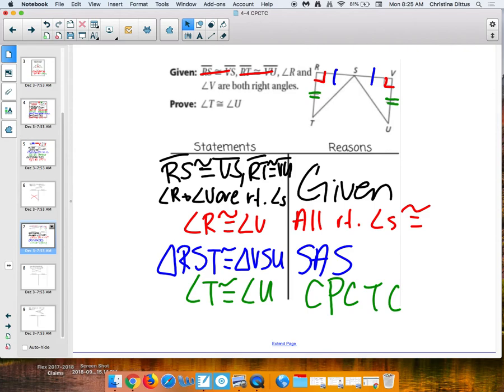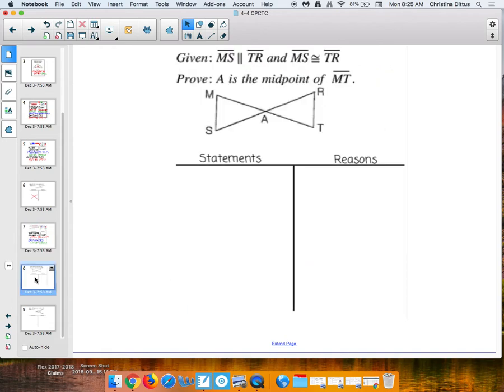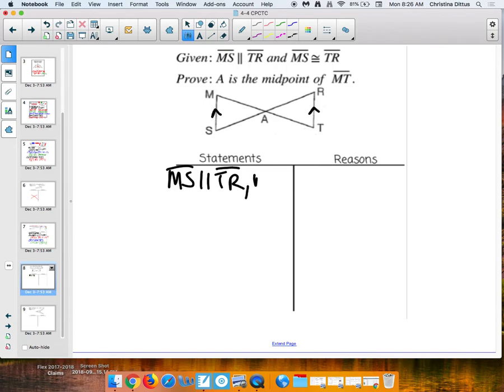Okay, one more. Write down your given. MS is parallel to TR, and MS is congruent to TR.